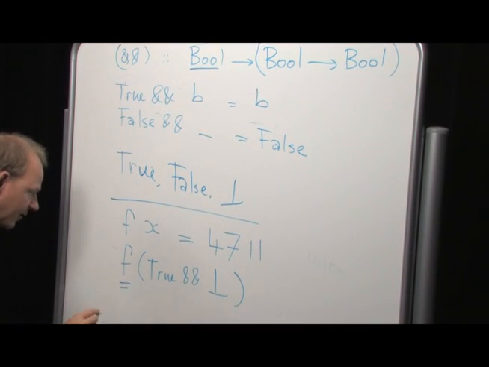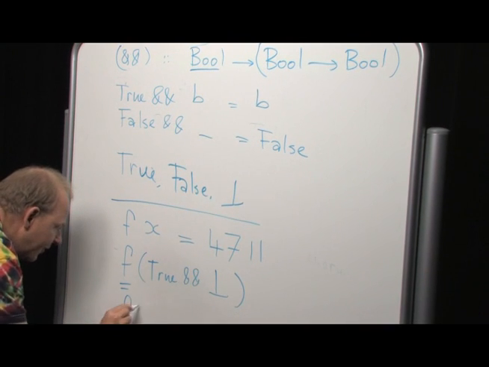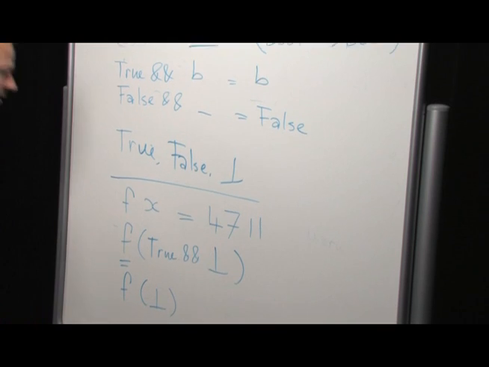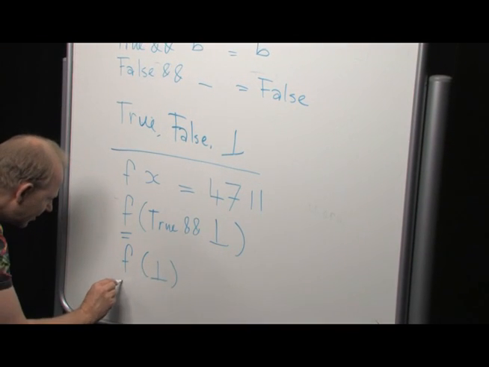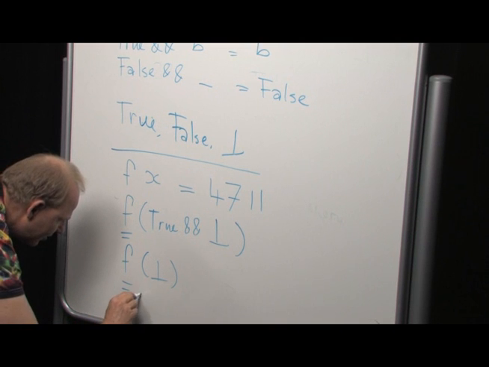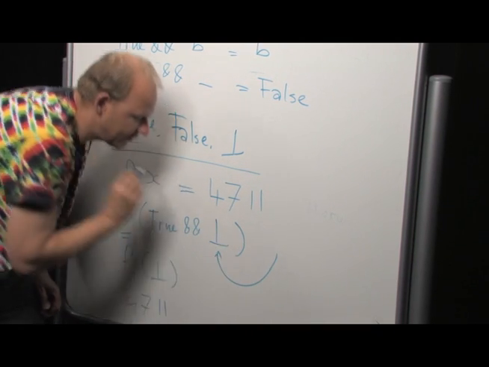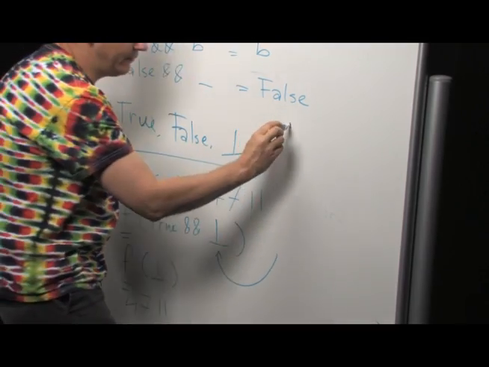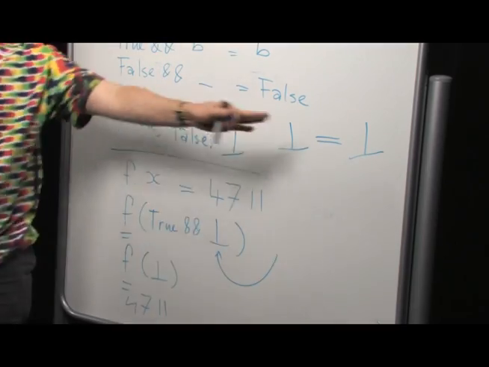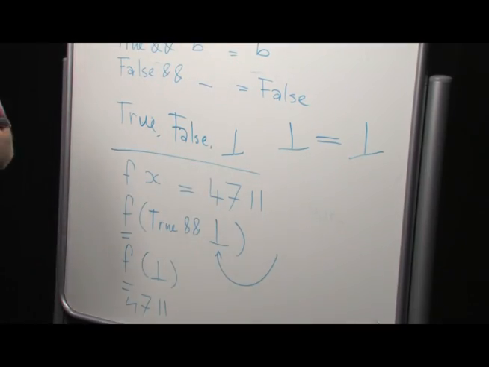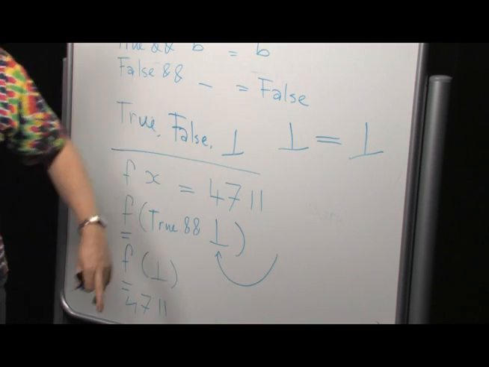Now if I call f of true and bottom, since true and anything is anything, this is f of bottom, but f of any argument is 4, 7, 11. So this is 4, 7, 11. Even though this thing does not terminate, and the way you define bottom is a recursive definition that immediately loops, like while true, do nothing, right?